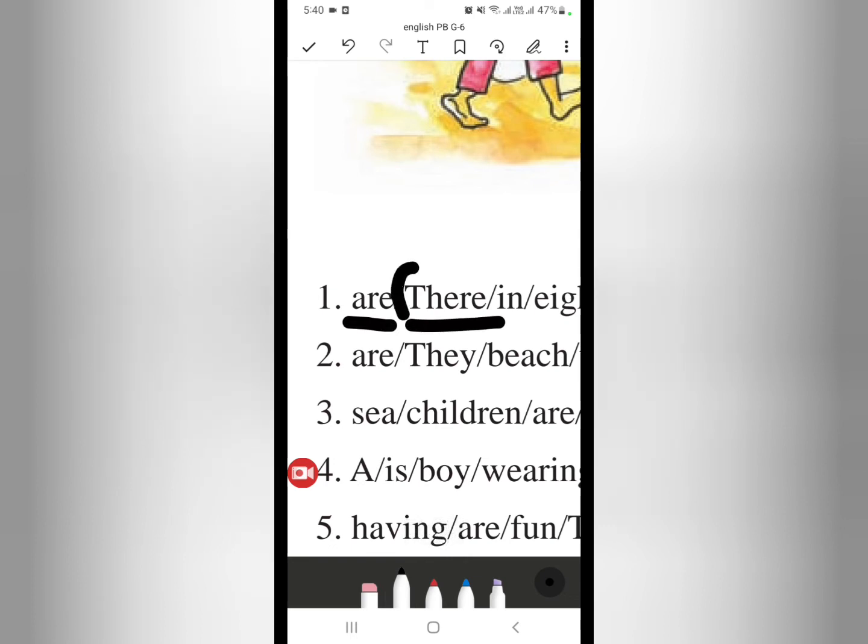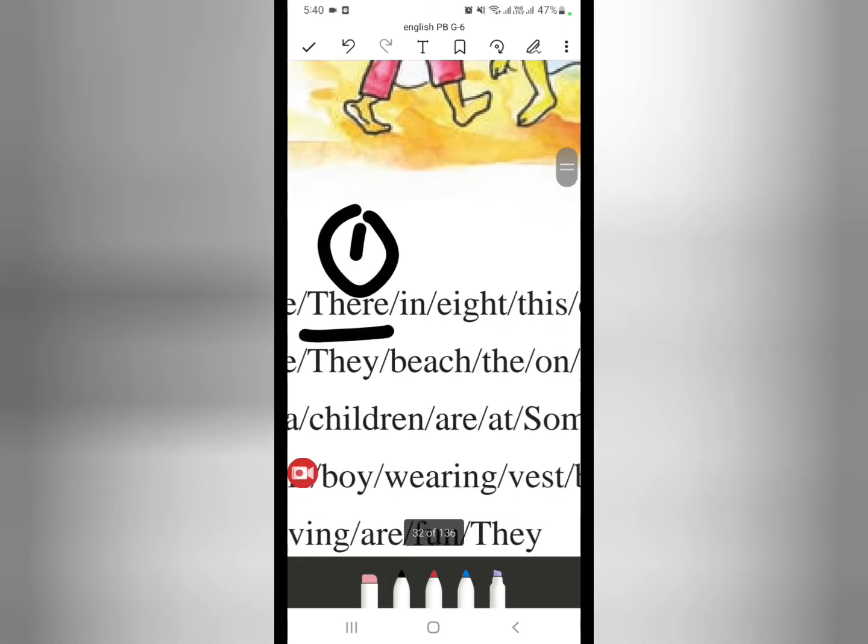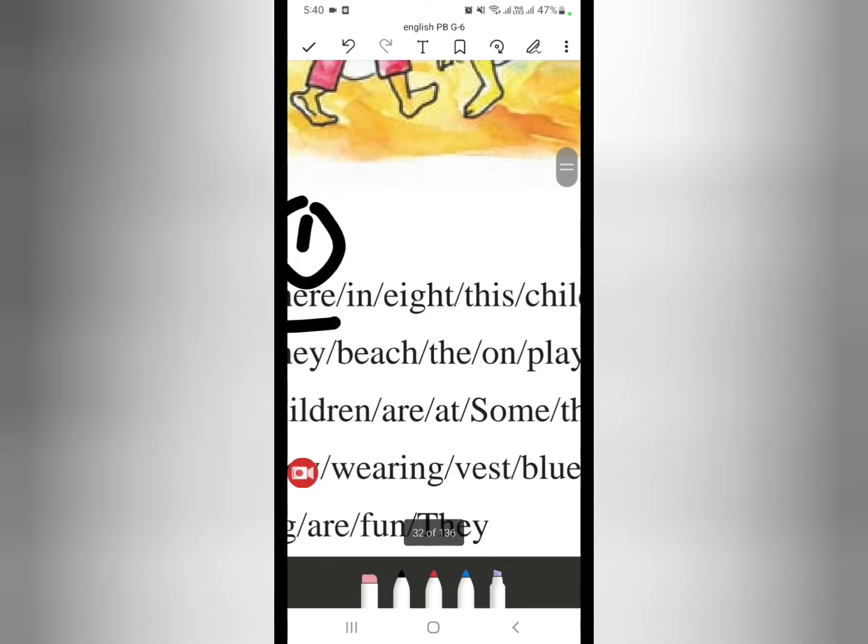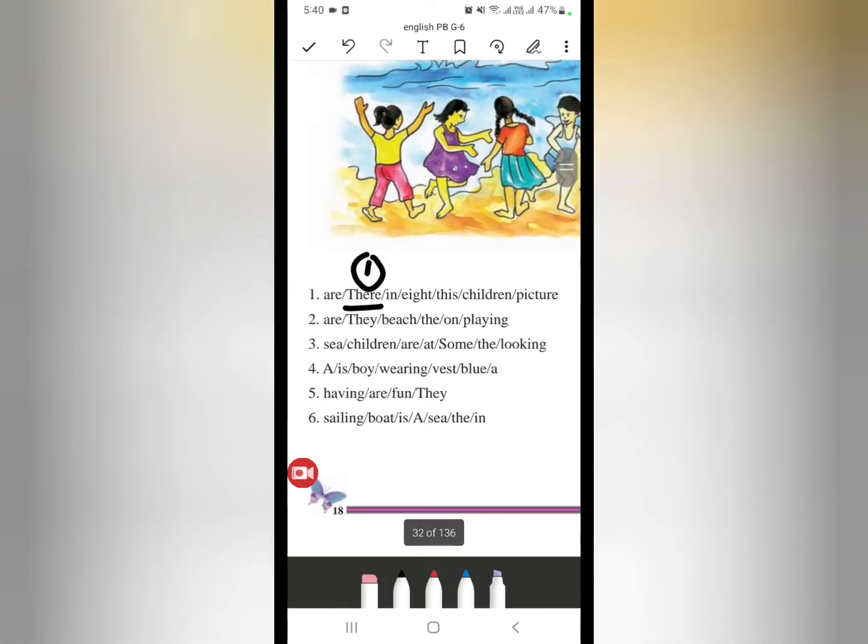Now, "There" contains the capital letter, so we can identify that it is the first one. Okay. Now we should take the words which come after it.